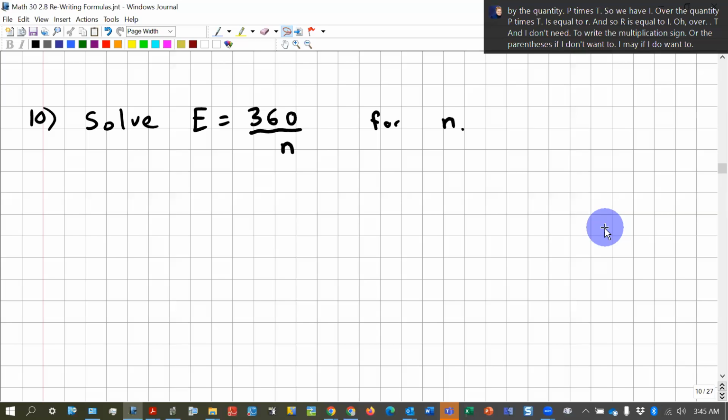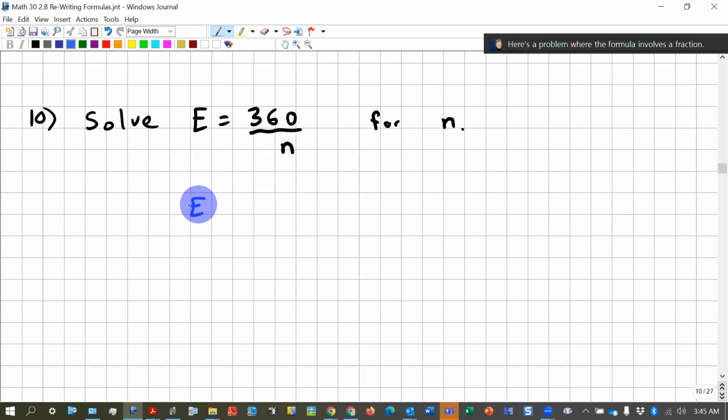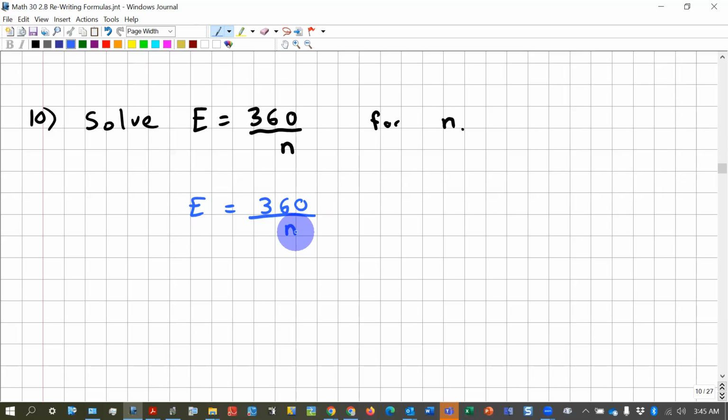Here's a problem where the formula involves a fraction. The right-hand side can be thought of as 360 divided by n.